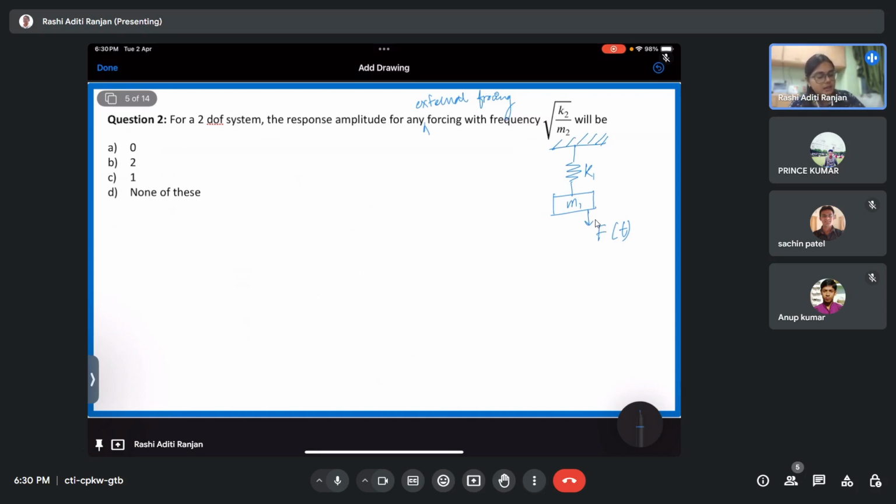If I write its equation, this is my x1, and if I apply force balance on it, my F is acting like this, and I'm going to have an inertia force m1 x1 double dot and a spring force k1 x1. So my equation of motion would be m1 x1 double dot plus k1 x1 equals F, a function of t.